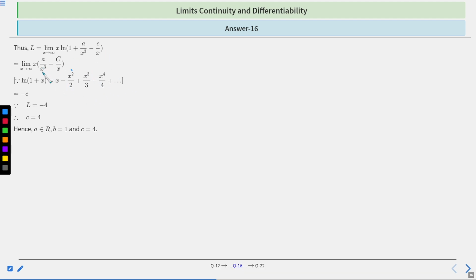Because x is tending to infinity, if we square this, the bottom term will have a higher power, so when we tend those terms to infinity, it will be 0. So we have neglected the terms after this.